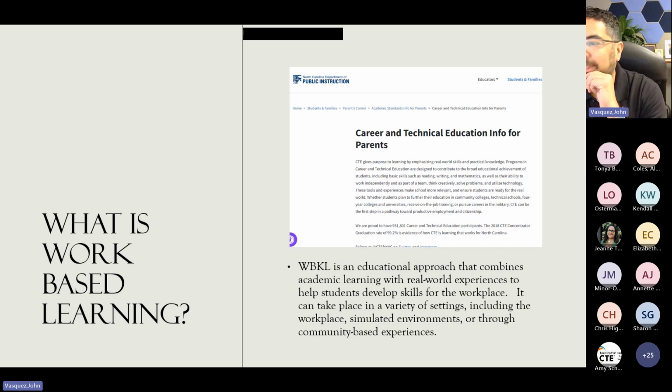In general, work-based learning is an educational approach that combines academic learning with real-world experiences to help students develop skills for the workplace. And it can take place in a workplace, in simulated environments. There were some interesting projects at the conference where people were talking about doing simulated workplace learning. So that was interesting. And then community-based experiences as well.